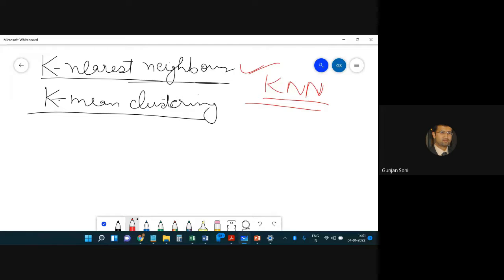So let's say I'm going to take a problem straight away. Let's say we have data from a survey, and we were testing acid durability and strength to classify whether a special tissue paper is good or not.